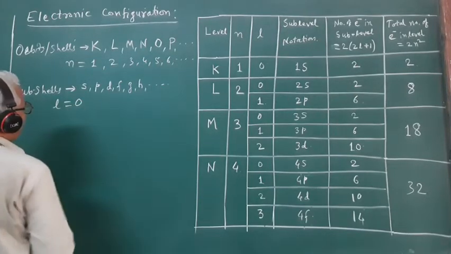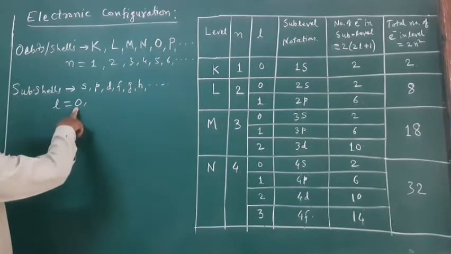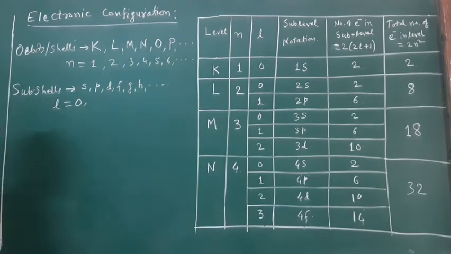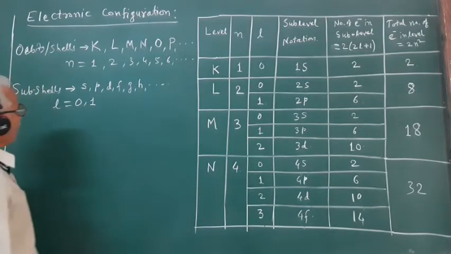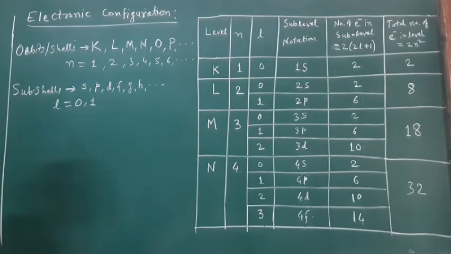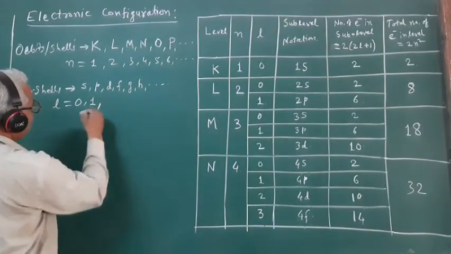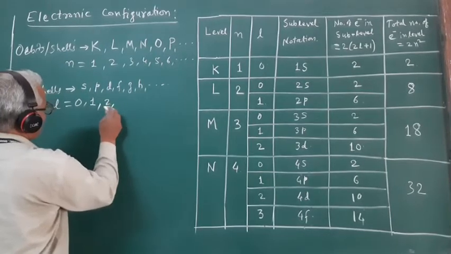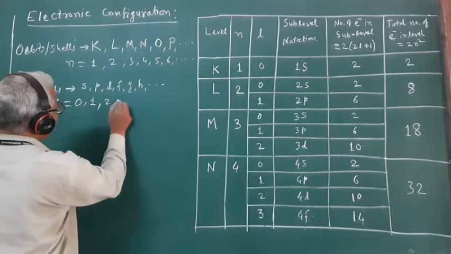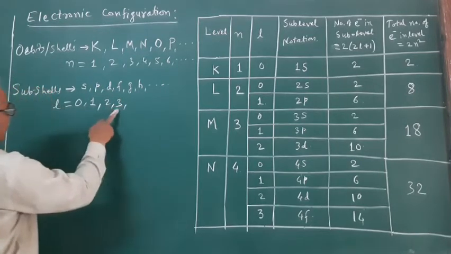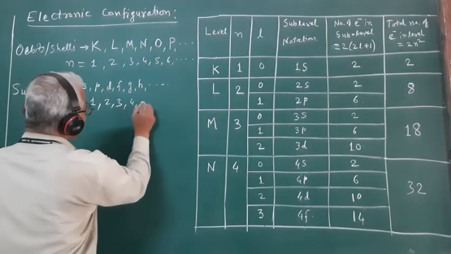So the first subshell, for which l is equal to 0, is represented by the letter s. The second subshell, corresponding to l equal to 1, is represented by the letter small p. The subshell having l equal to 2 is represented by d, and the subshell having l equal to 3 is represented by f, and so on.